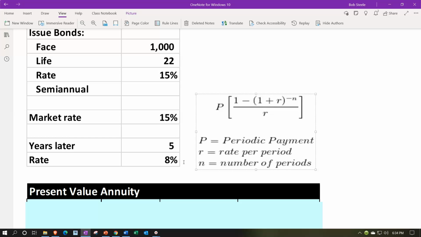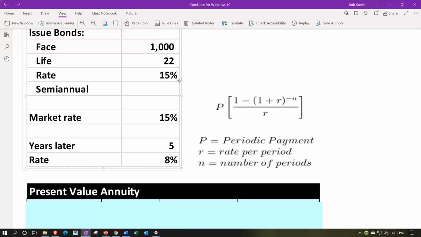The market rate now being less than the rate on the bond, you would expect at that point in time the value of the bond to be at a premium, meaning if we wanted to sell it at that point in time, we would probably want to sell it at a premium, something higher than the 1,000, not because 5 years had passed, but because after 5 years the market was only giving similar bonds at the 8%, and the bond that we're talking about has 15%, thereby being a good bond, and therefore we would want to sell it at something higher than the face amount.